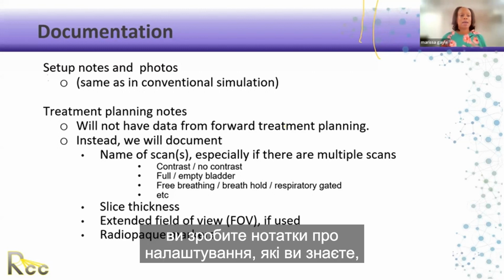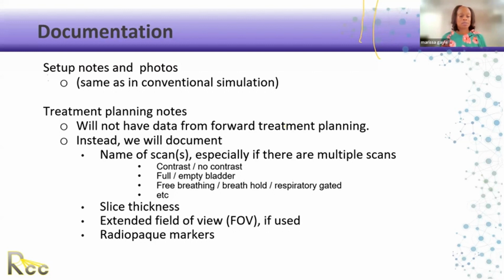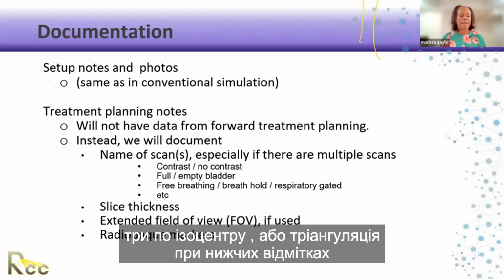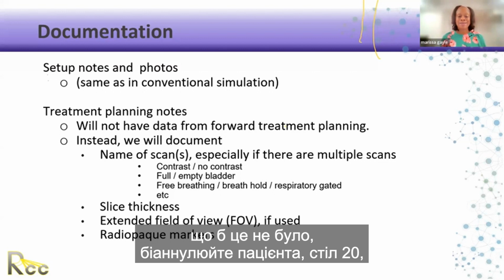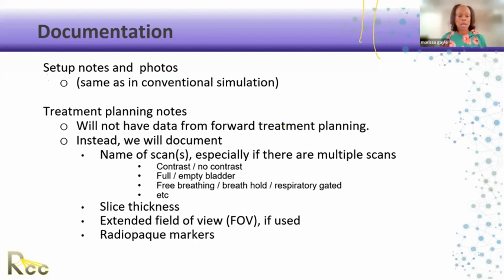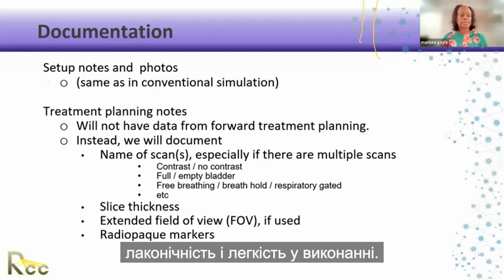You will take setup notes: triangulate at ISO, treat at ISO, or triangulate at inferior marks, shift to ISO. You're going to notate whatever it is. Biangulate the patient, tabletop 20. Notate everything. It'll make it easier and make sure it's clear, concise, and easy to follow.